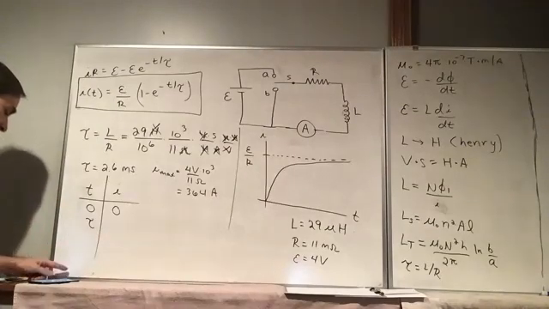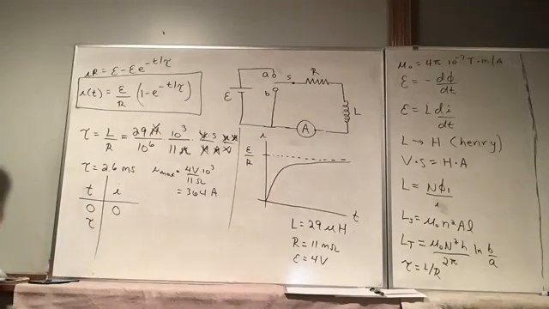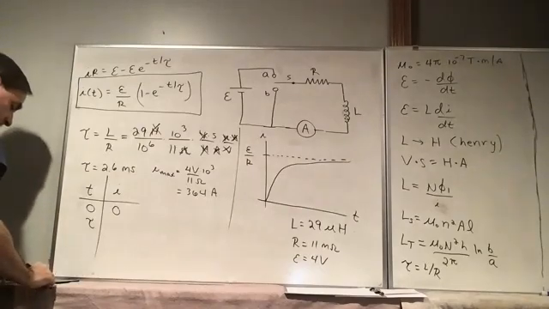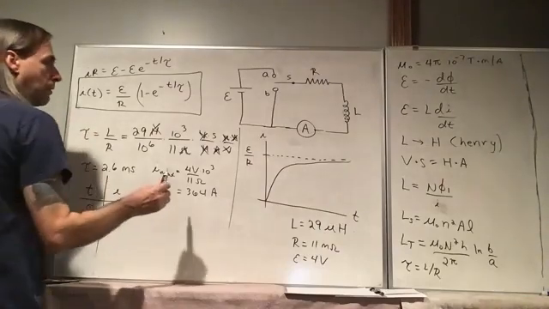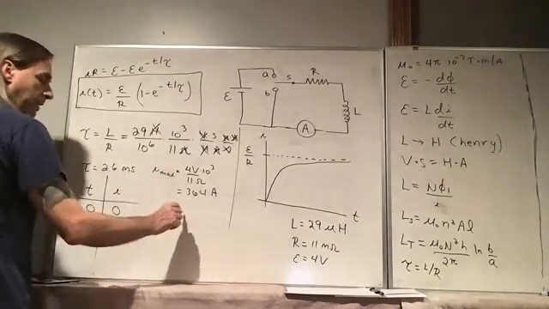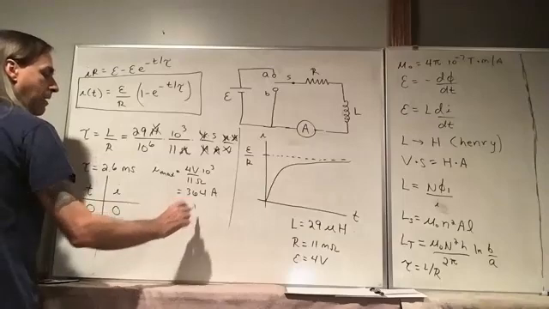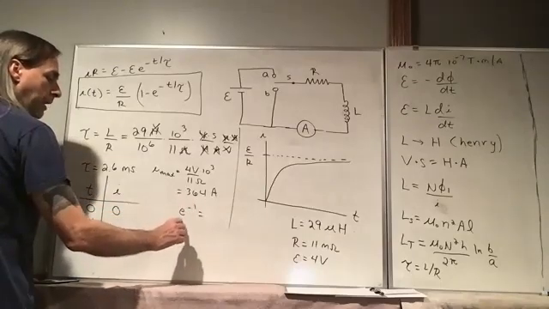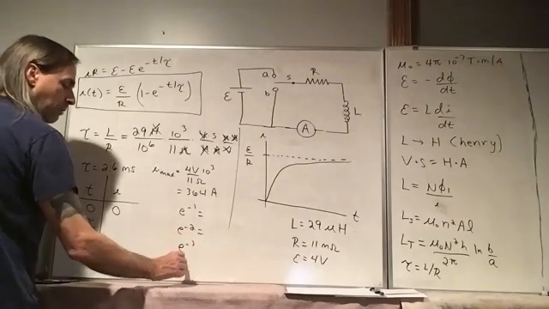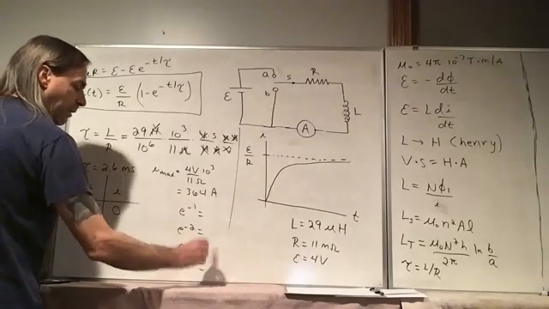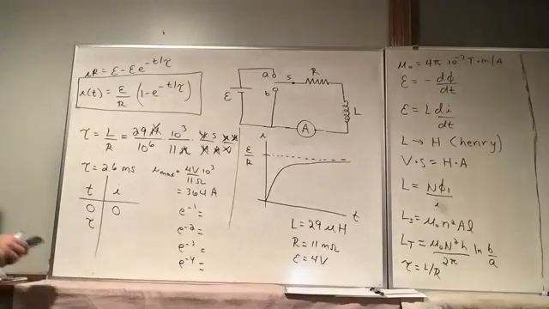Actually, maybe I want to do this as a separate thing, if I can find room for it. I'll just write them here: e to the minus 1, e to the minus 2, e to the minus 4. That's all we have room to write down anyway. So basically this is like 1 over e to start with.